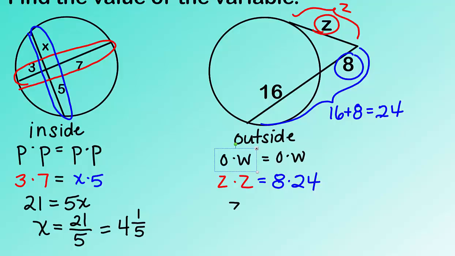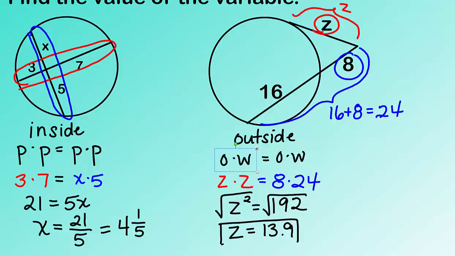Then you get z squared is equal to 192. Take the square root of both sides, and z is equal to 13.9. And that's a rounded answer, but we'll use that. So they don't always work out beautifully.